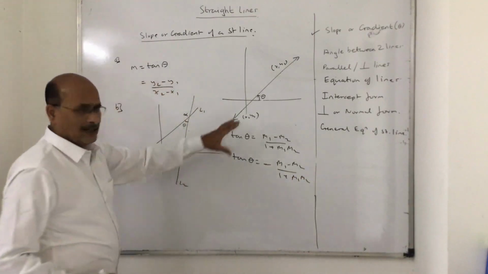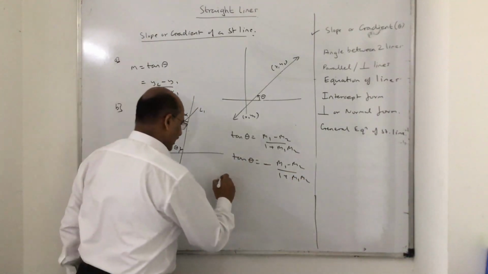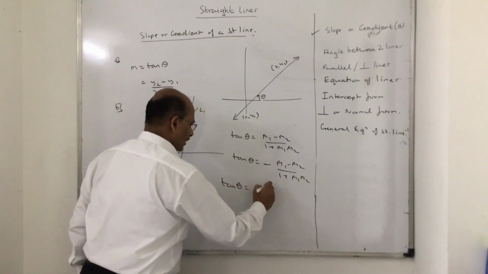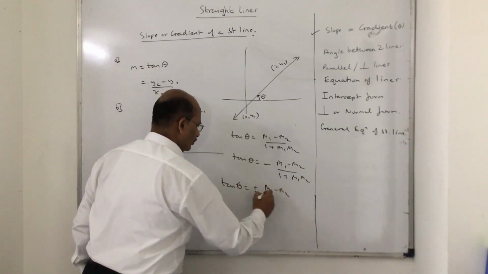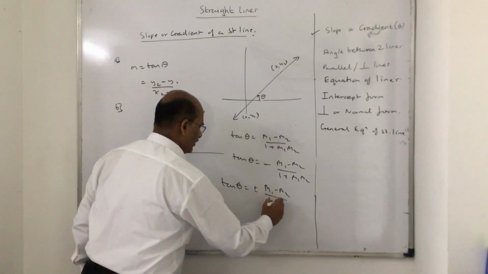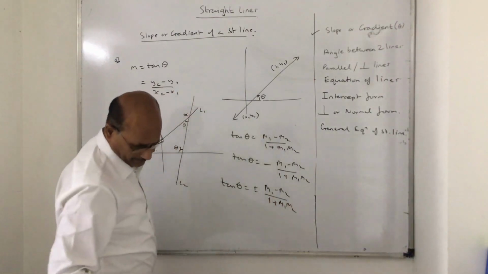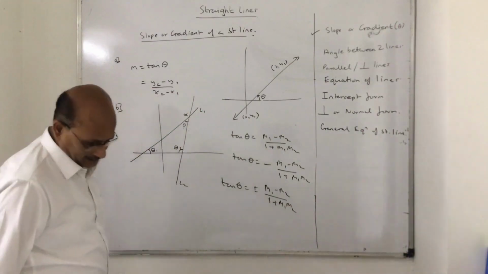The complete formula is tan theta is equal to plus or minus m1 minus m2 upon 1 plus m1 m2. I repeat, m1 minus m2 upon 1 plus m1 m2.